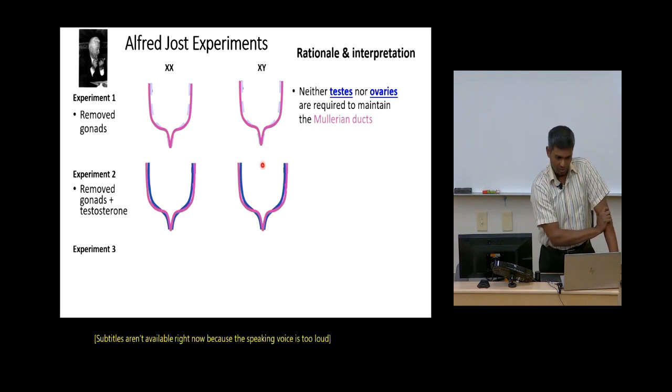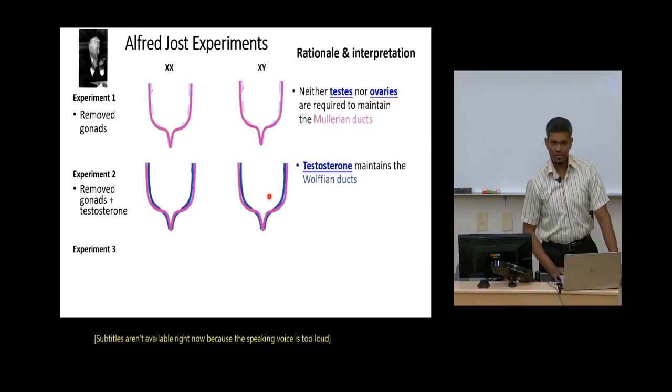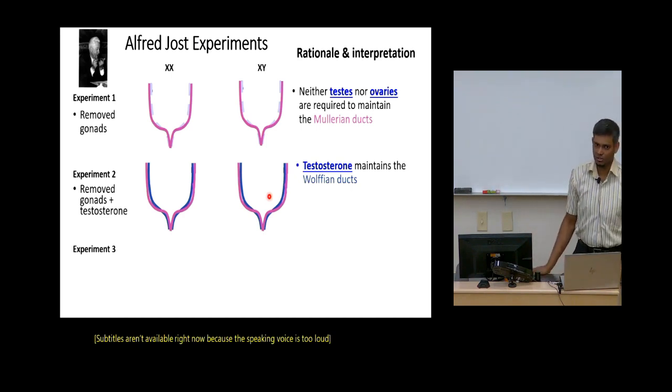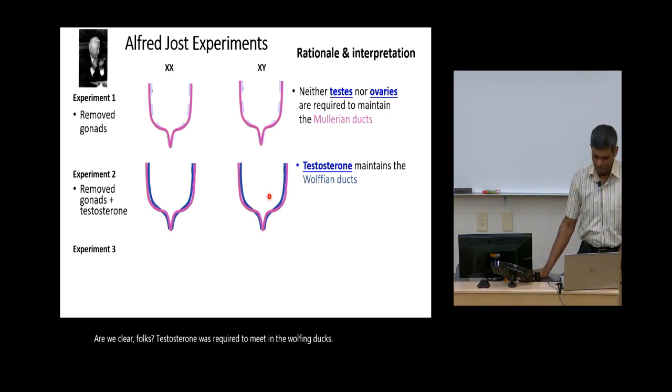We know that the presence of the Mullerian duct doesn't need anything, but we see that the Wolffian ducts remained because of testosterone. So testosterone was required to maintain the Wolffian ducts. Are we clear, folks? Testosterone was required to maintain the Wolffian ducts. Okay, now can we move on to experiment 3?